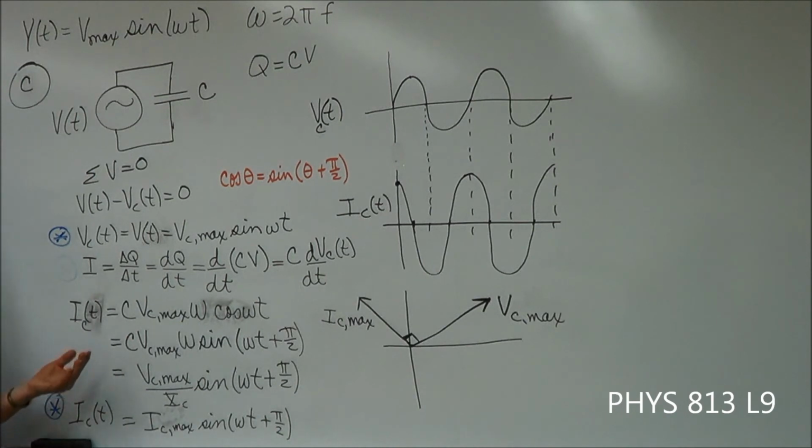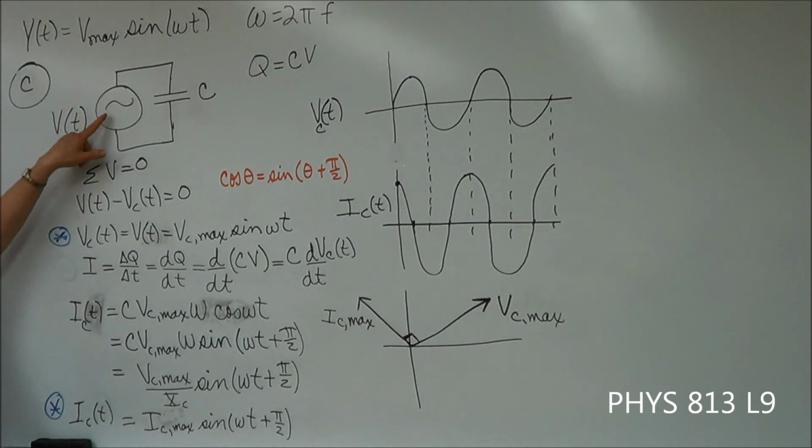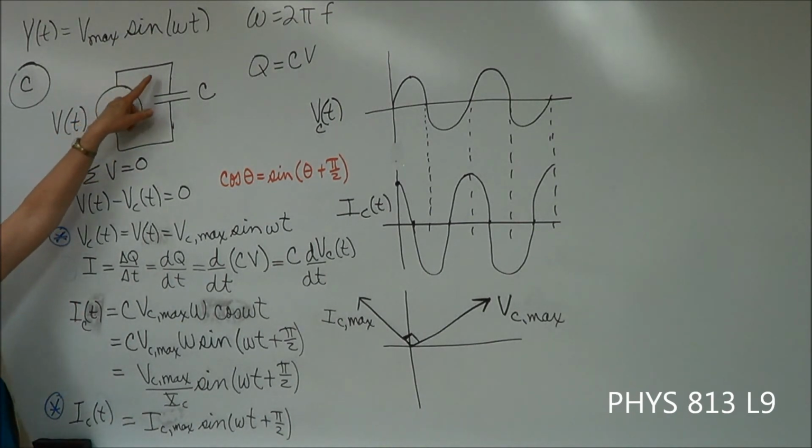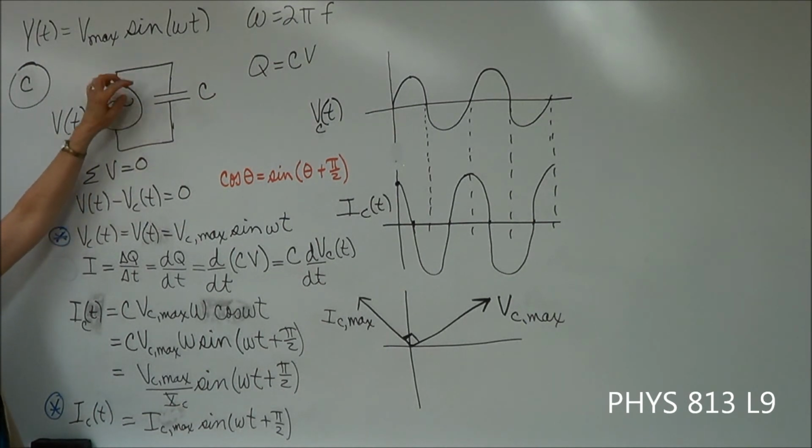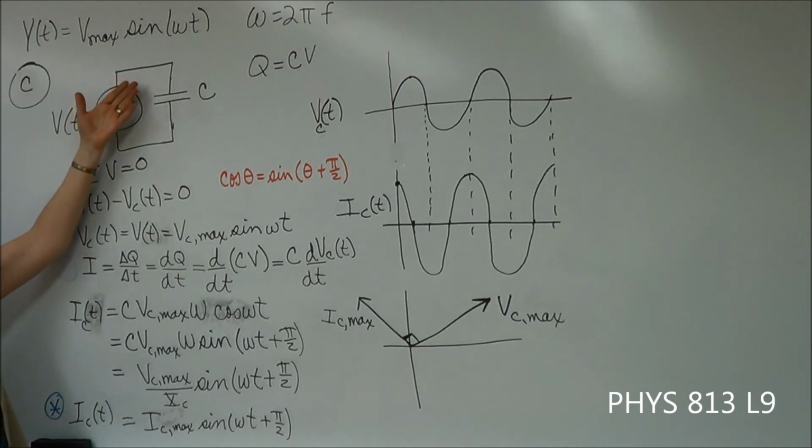So it was bright because the charges could flow easily, so you had a large current, but there was no charge on the capacitor. After the capacitor got charged, there were no more charges flowing, so the current was 0.